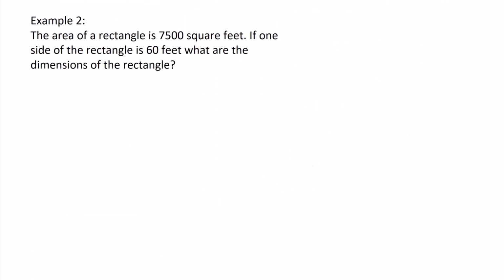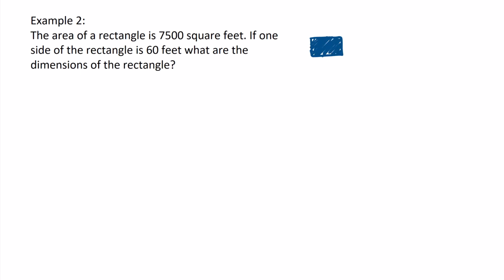Now let's take a look at example 2. The area of a rectangle is 7,500 square feet. If one side of the rectangle is 60 feet, what are the dimensions of the rectangle? Well, it's a rectangle, and so we know the area of a rectangle, which is the whole thing.